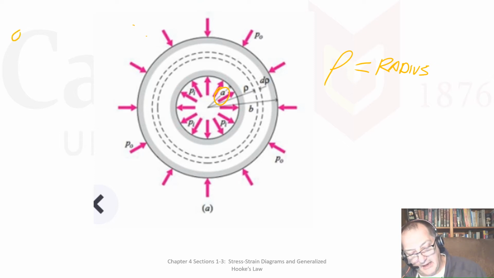I've got an A, which is equal to my inside radius, and I've got a B. Where's my B? There it is. B is equal to my outside radius.